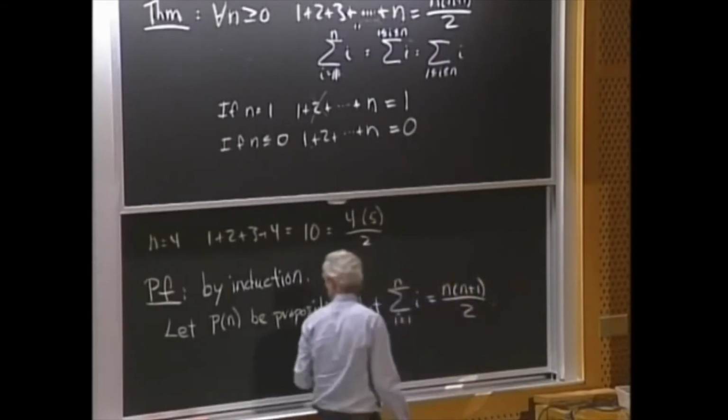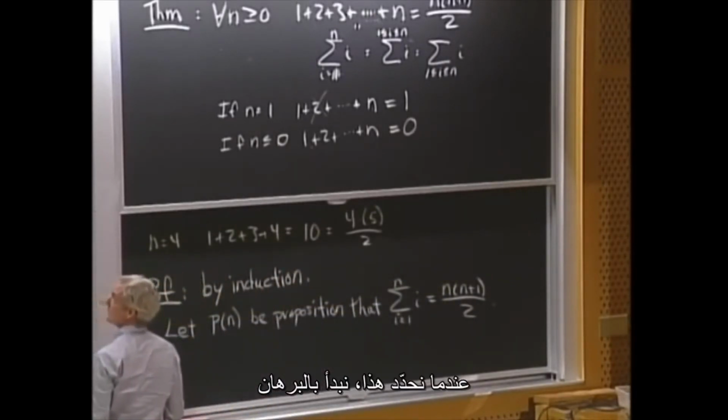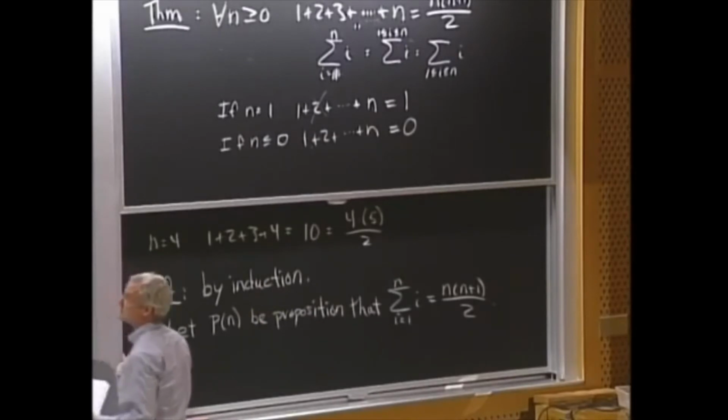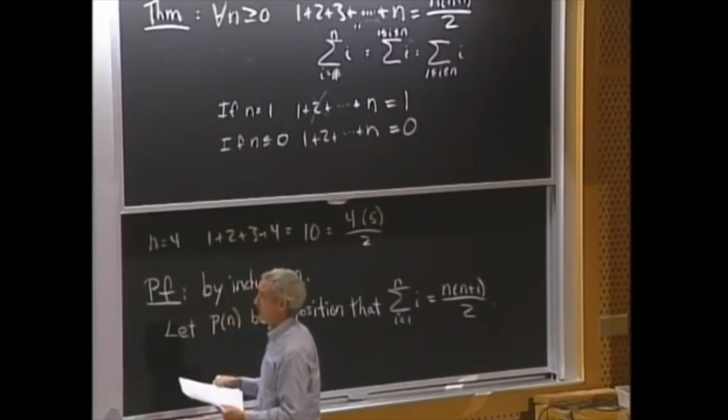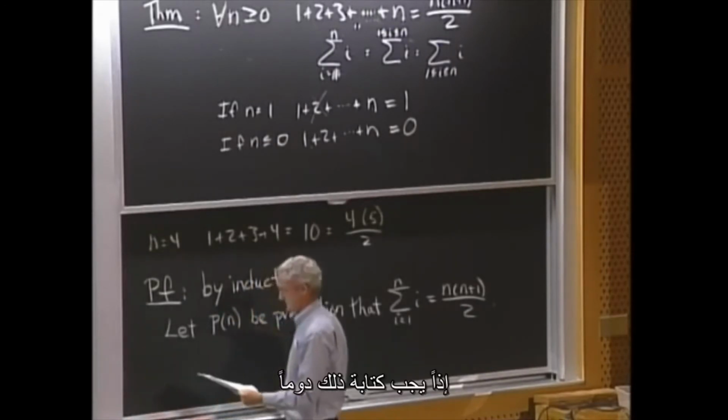All right, and once you've got that established, now we're going to go verify that P0 is true and that Pn implies Pn plus 1. All right, so always have to write this down.